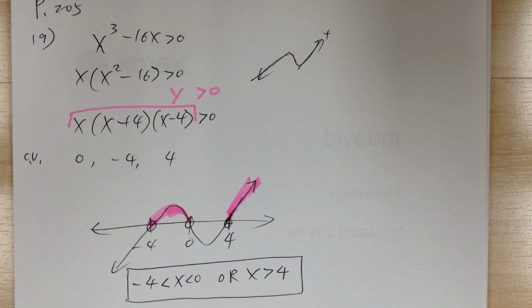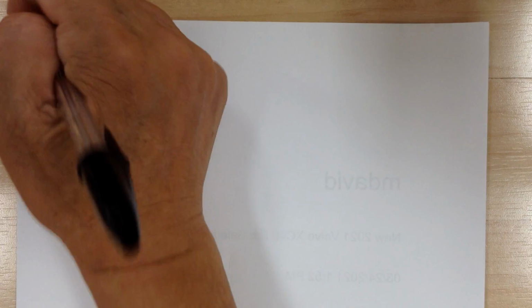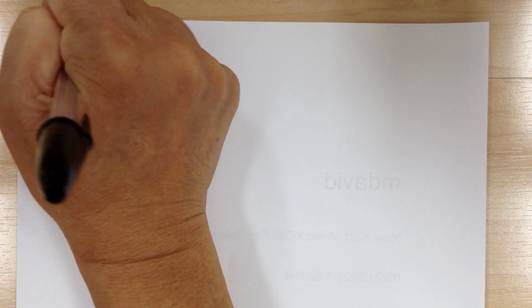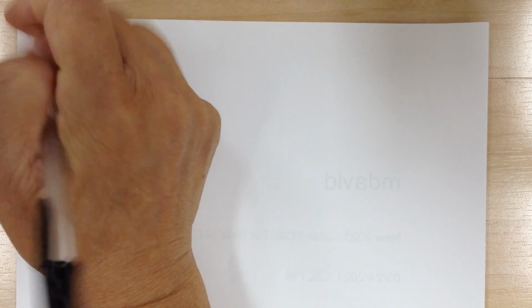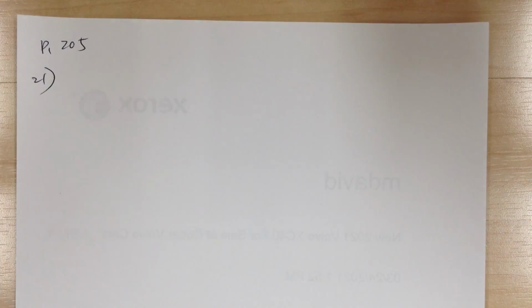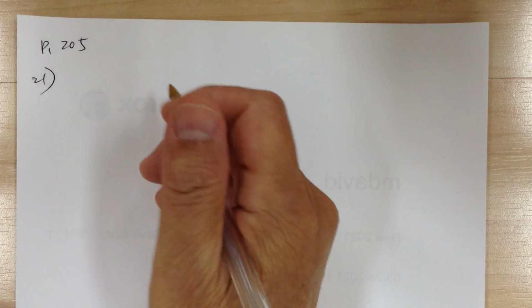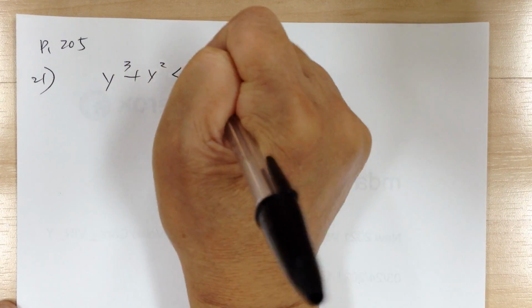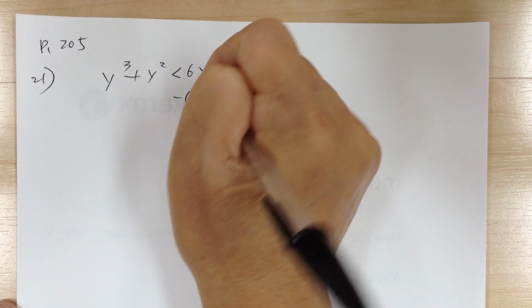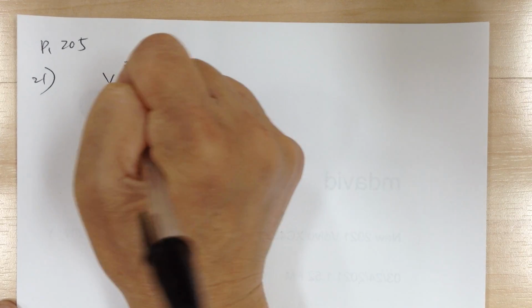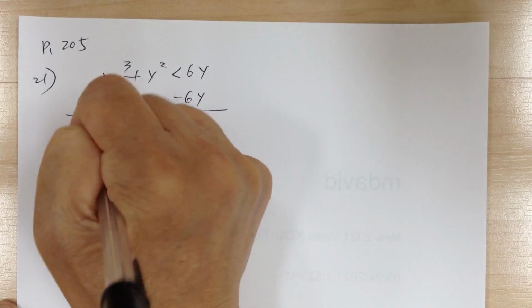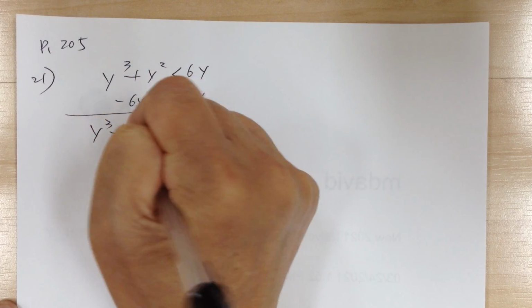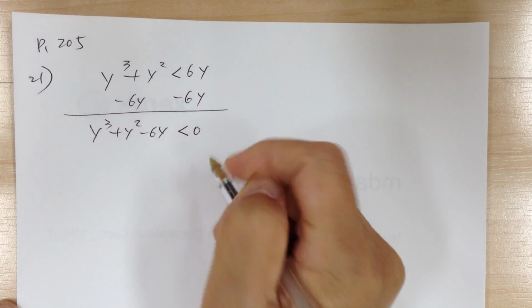Okay, let's go to the next one. Number 21. You have y to the 3 plus y squared is less than 6y. So make it equal to 0 on the right hand side, so minus 6y on each side. You get y cubed plus y squared minus 6y is less than 0.